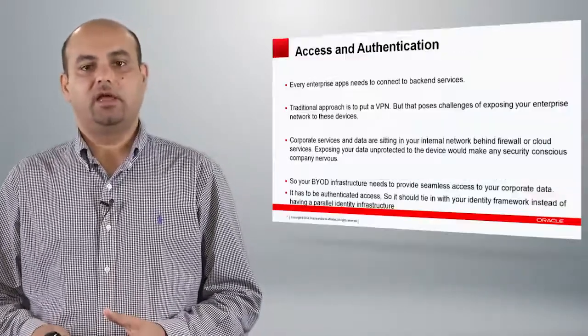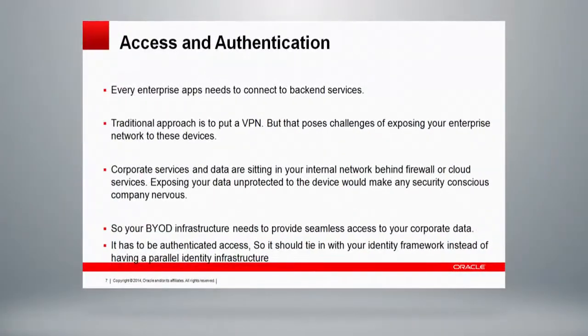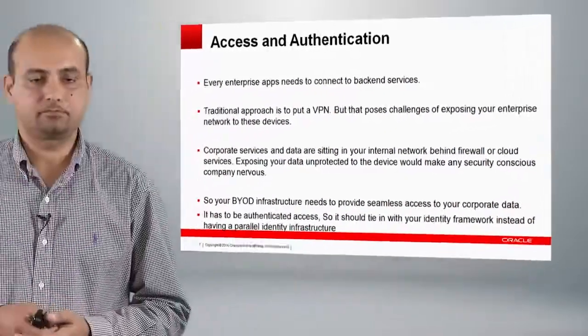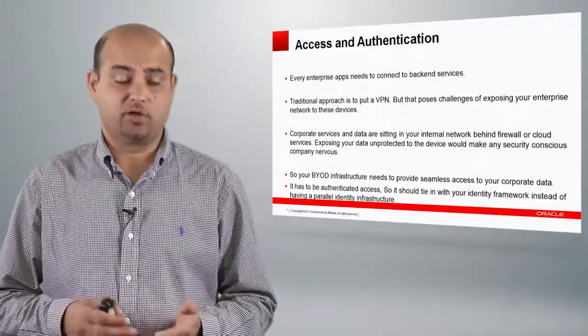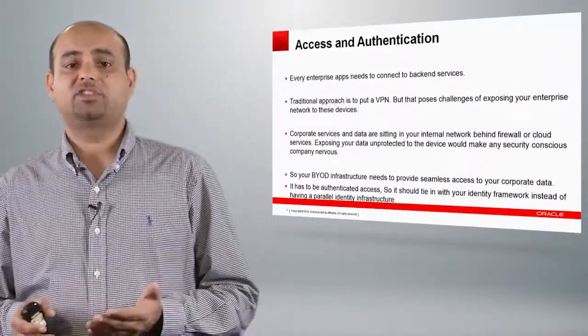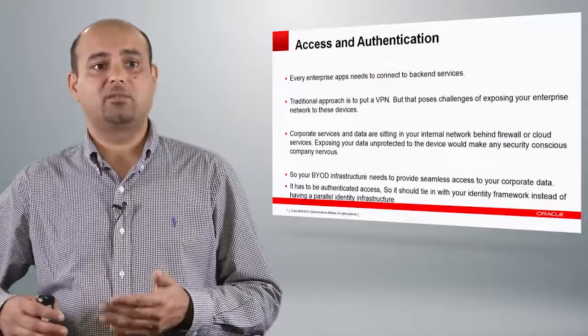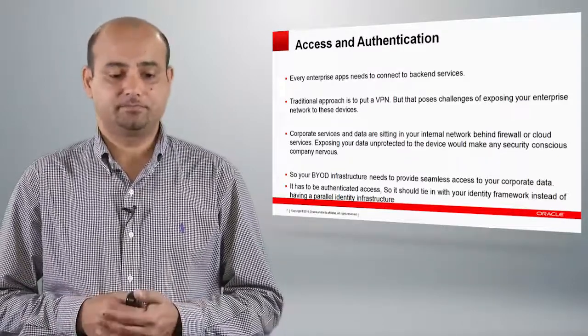Now let's talk a little bit more about each of these core services and why they're important. The access authentication I mentioned as the first core service. Now every enterprise app needs to connect to some backend services. The traditional approach is to put a VPN, but that poses challenges of exposing your enterprise network to these devices.